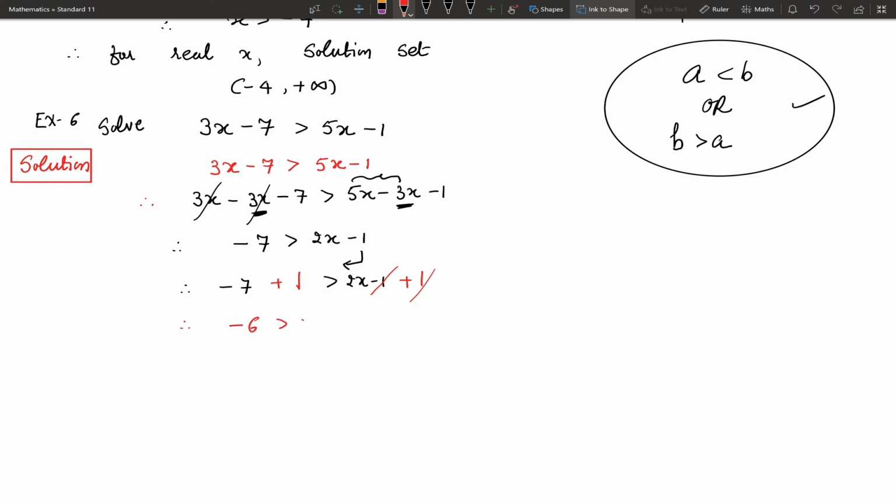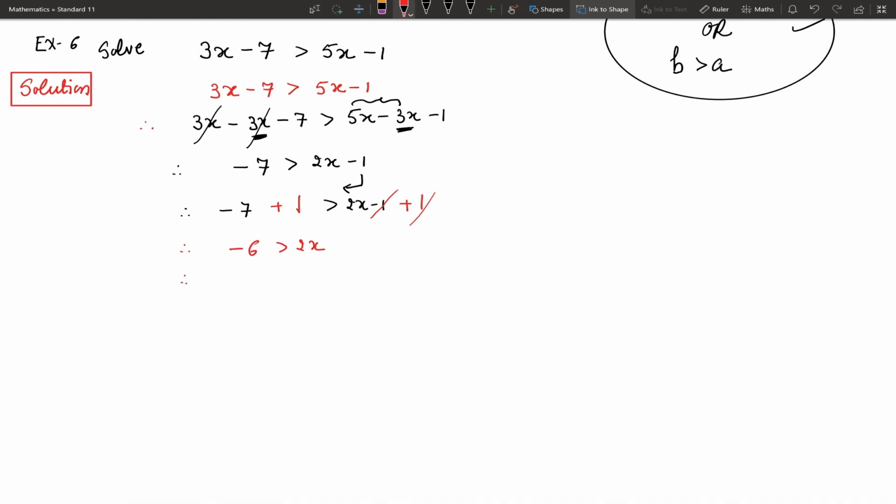So the simplification is minus 6 greater than 2x. Now divide by 2. So when we divide by 2, therefore minus 3 greater than x.